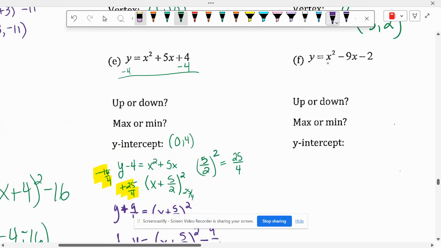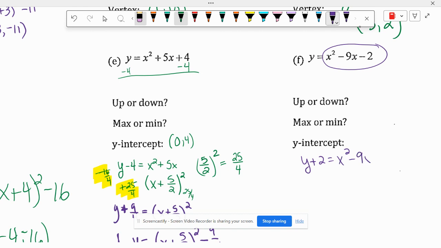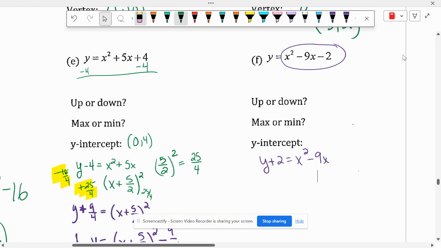So what about this one? What should I do first? I'm going to add what to both sides? I'm going to add 2 to both sides because I want to cancel out that negative 2. So y plus 2 equals x squared minus 9x. So what's half of 9?